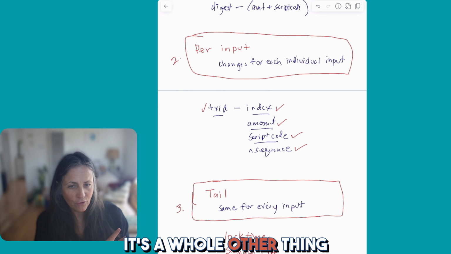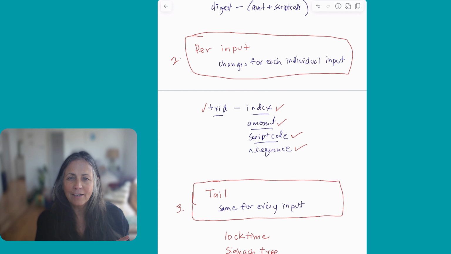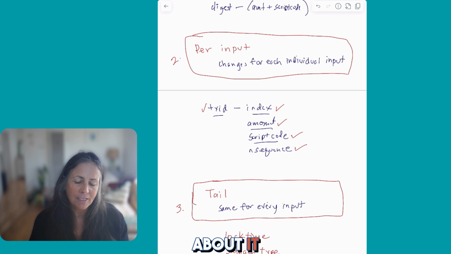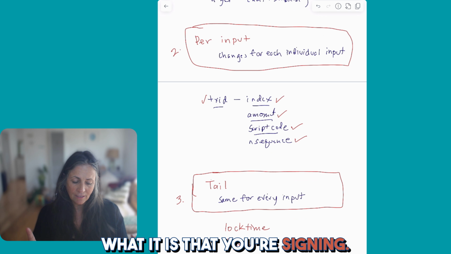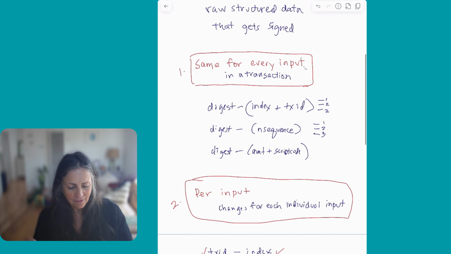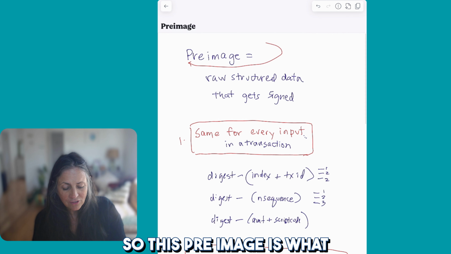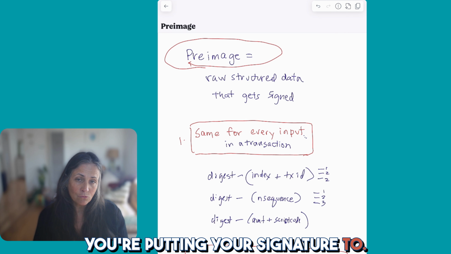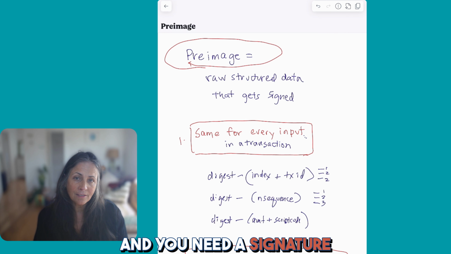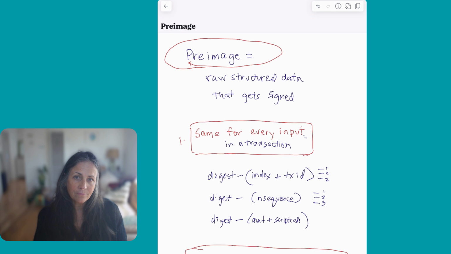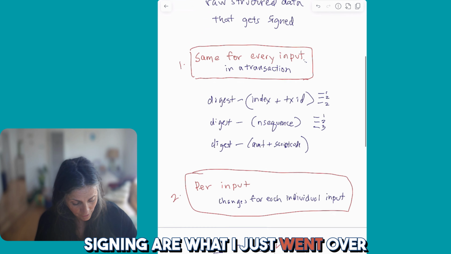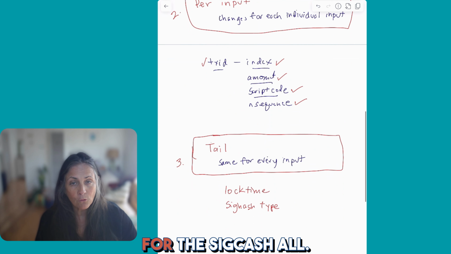It's a whole other thing that I won't get into, but the important piece is that this pre-image is what you're putting your signature to. And you need a signature on every input. The items that you are signing are what I just went over for the sighash all.